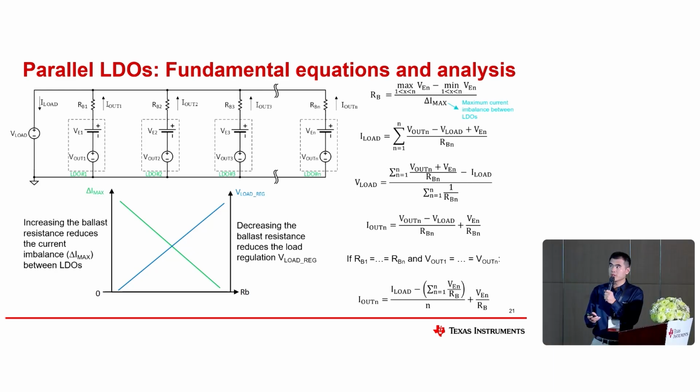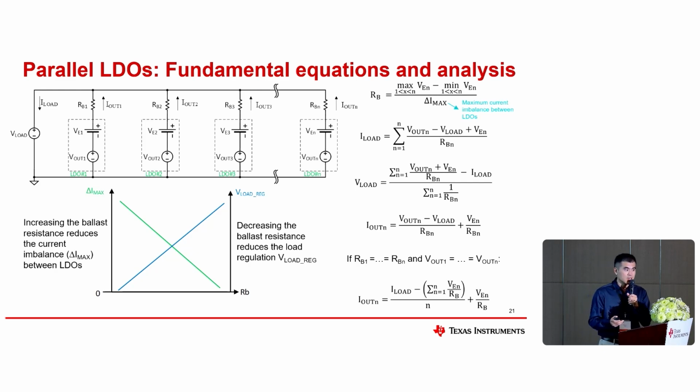This is a voltage source denoting the DC operating voltage for the LDO, and this VE1 denotes the error voltage, including the load regulation and the line regulation, and RB1 to N denotes the ballast resistors.